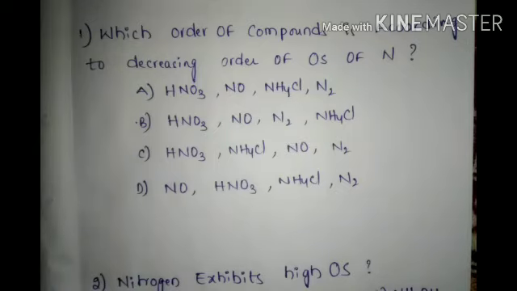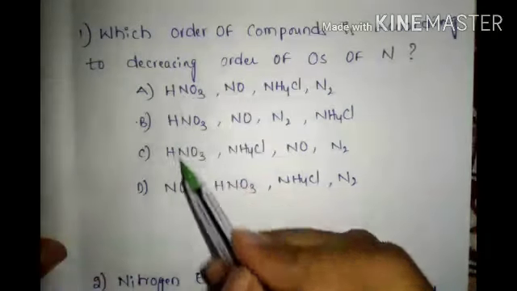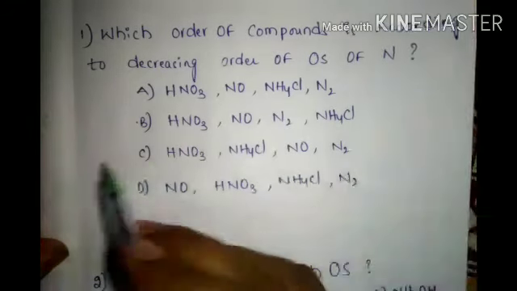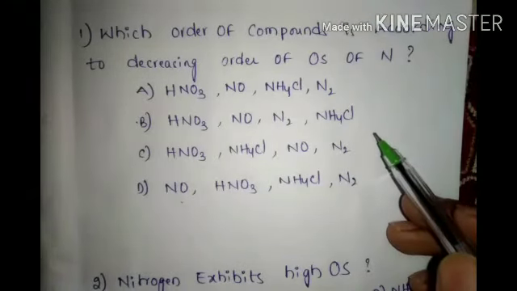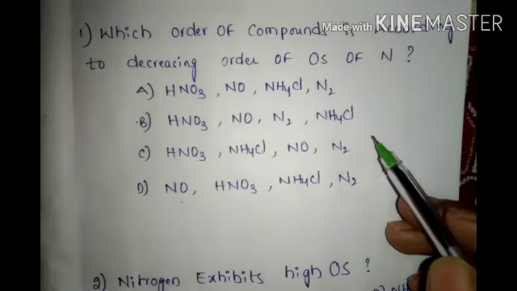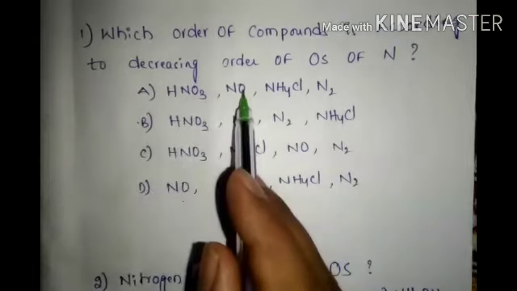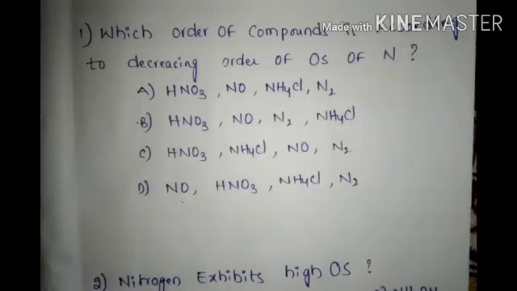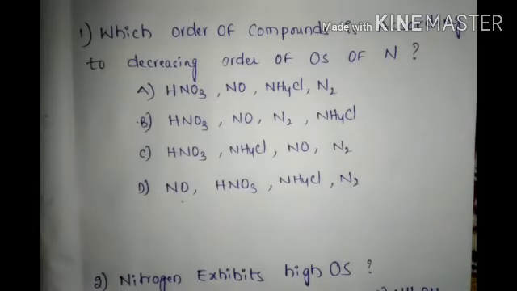Decreasing order is asked, meaning the highest first and the least last. So you find the oxidation states. HNO3, NO, NH4Cl, N2 are common in all 4 options. So first of all, we have to find the oxidation state of these 4 compounds, and then find the decreasing order.